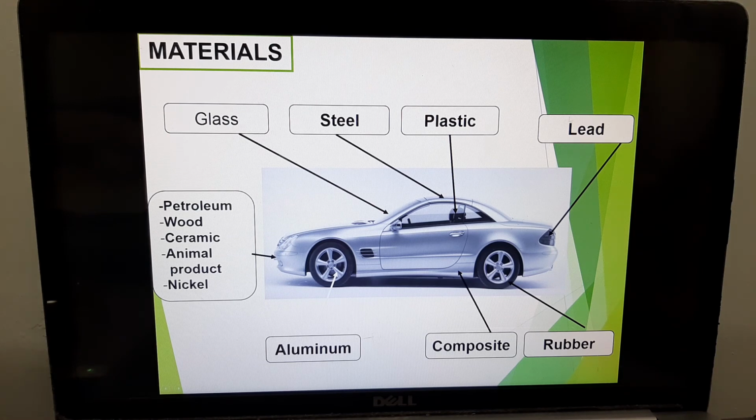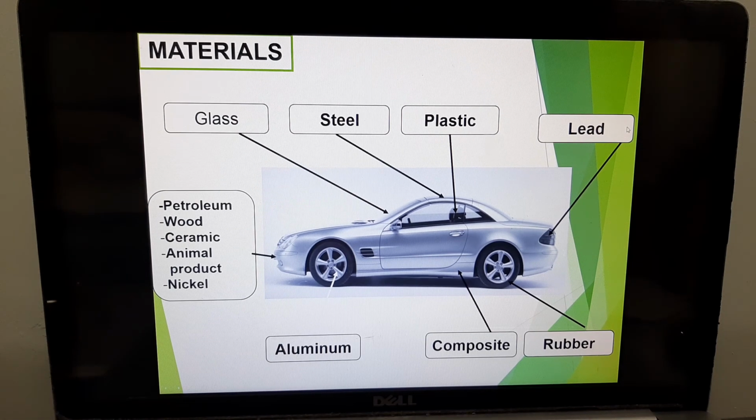Then you have lead. Lead is a metal, so it comes under the category of metal, specifically non-ferrous, since we had ferrous and non-ferrous.